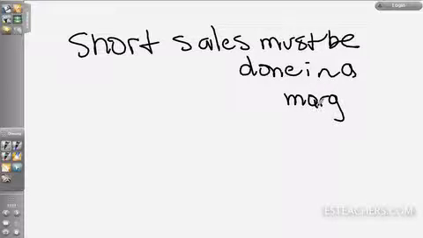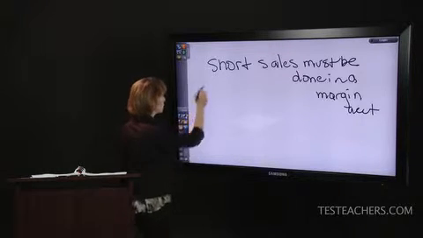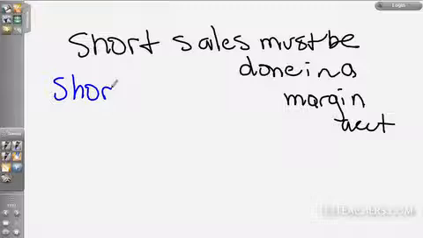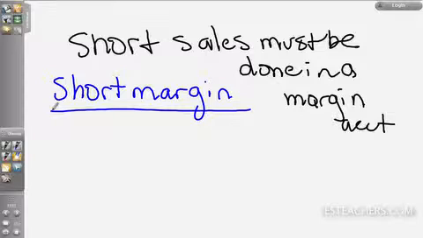If you're going to be long a stock, you can be long a stock to own a stock in a cash account where you pay 100% for the price of the stock, or you can be long a stock in a margin account where you borrow up to half. To short a stock must be done in a short margin account. That concept is definitely on the test. So you can only short a stock in a margin account.